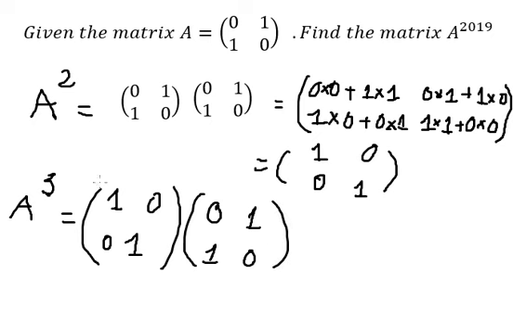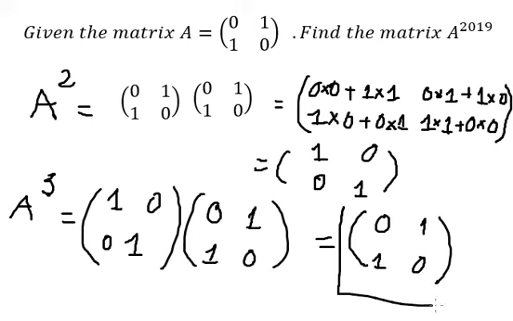So if we repeat the process, you will have 0, number 1, number 1, 0. So they just return back just like the matrix A in here.